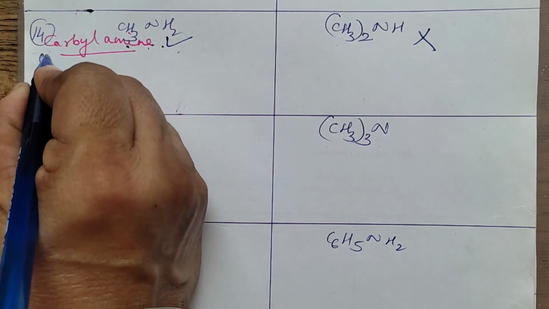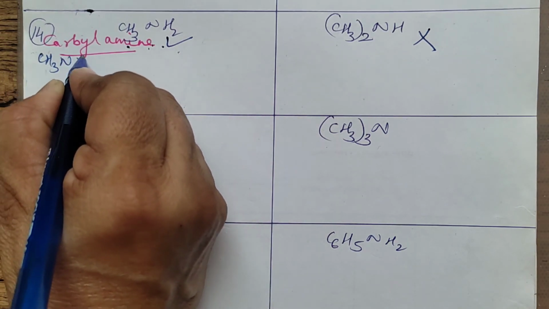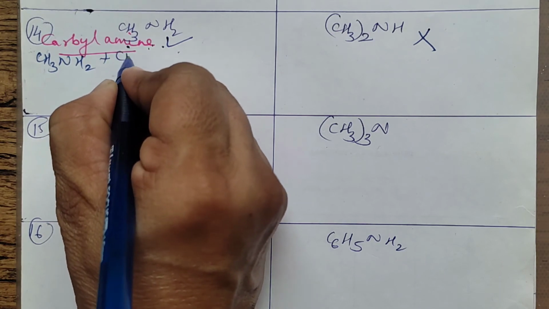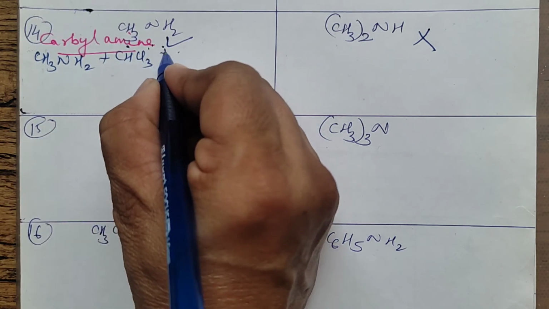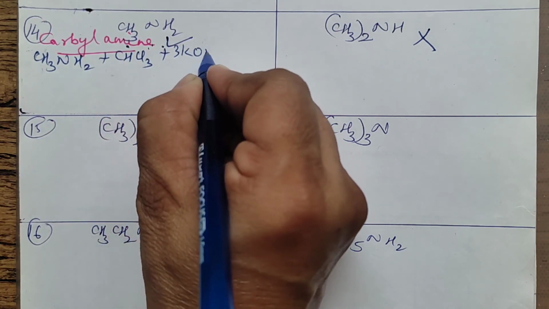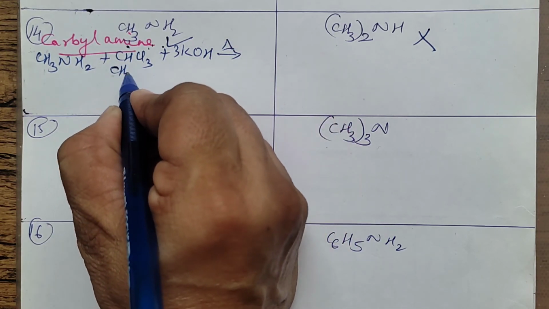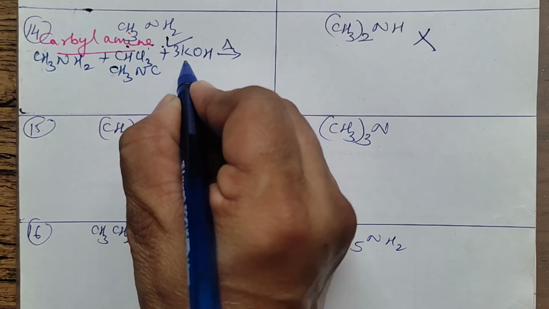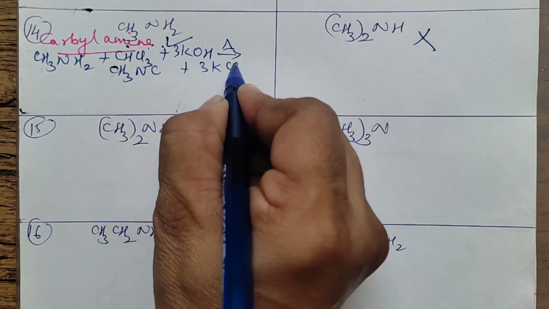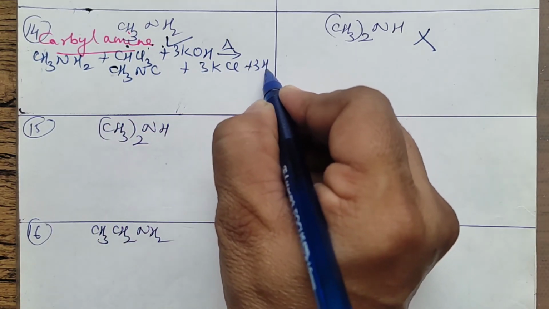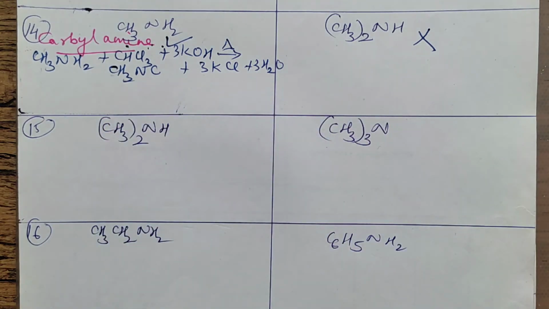So what you will write: CH3NH2 plus chloroform plus base, and we are heating it. So what you get is CH3NC, isocyanide. The bad smelling isocyanide is obtained. That is the distinguish between test.